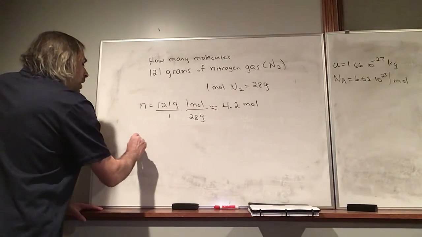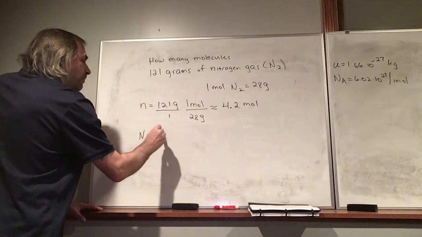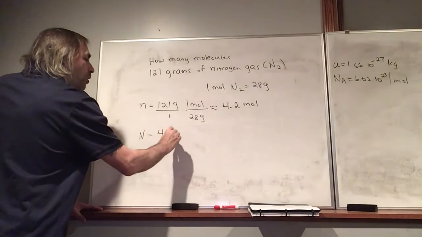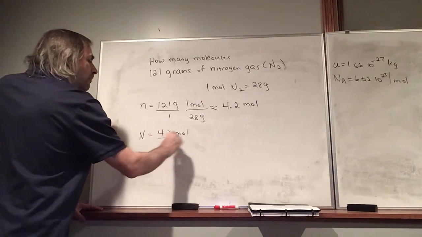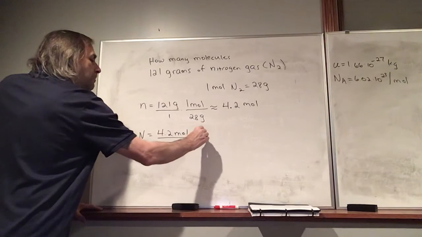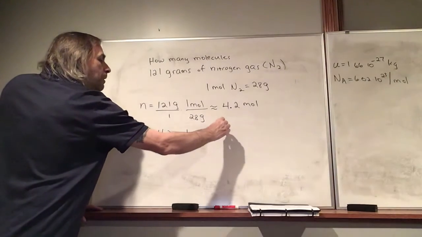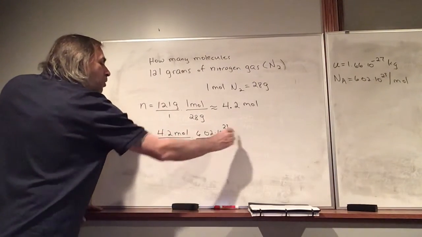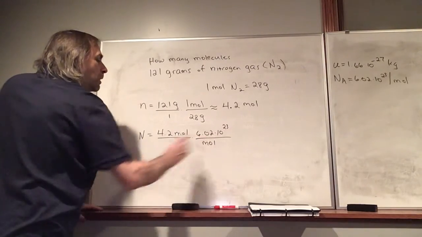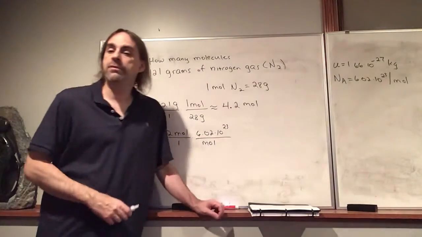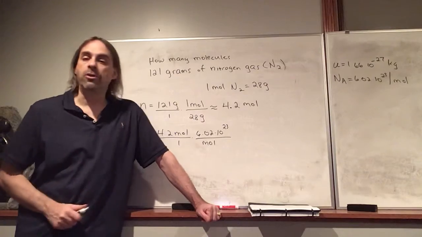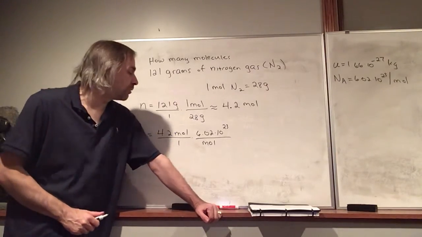Okay, so around 4.2 moles. And then the number of molecules, 4.2 moles times 6.02 times 10 to the 23rd per mole. So to get the number of molecules, if you have the number of moles, you just multiply by Avogadro's number.